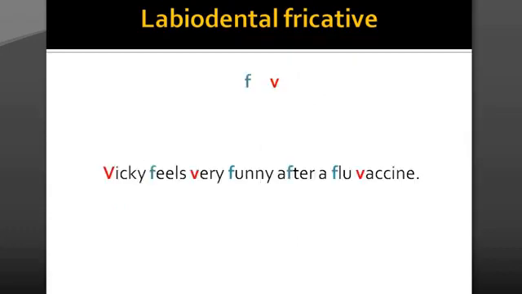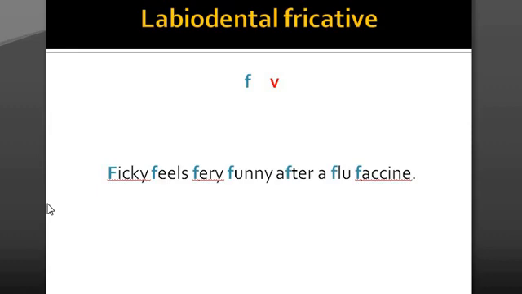Okay, so this sentence says, Vicky feels very funny after a flu vaccine. So to practice this sentence, I'm going to change it a little bit. First, we'll say it like this. So this says, Vicky feels very funny after a flu vaccine. Okay?